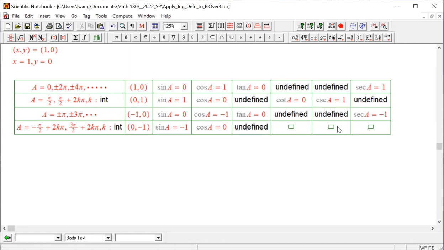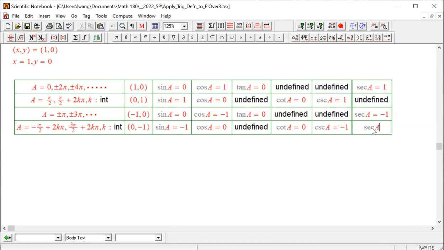Cotangent A is x over y, that's going to be 0. Cosecant is 1 divided by y. Y is -1, so that's -1.